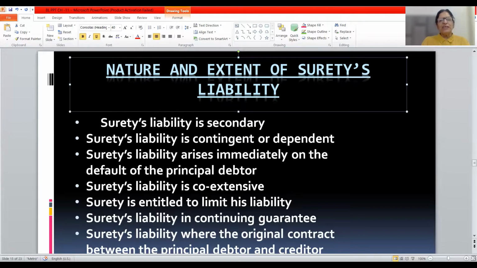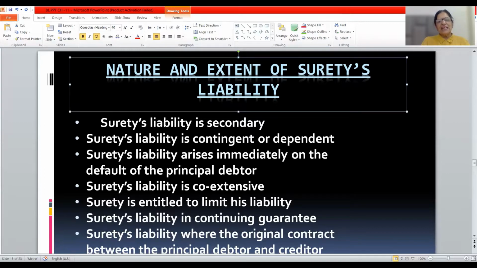You all know, friends, there are three parties involved in the contract of indemnity and the contract of guarantee. First one is the creditor, then debtor, then surety. So primary liability is that of the debtor. So surety's liability is secondary. It will arise only when the default is committed by the debtor. So surety's liability is contingent or dependent.